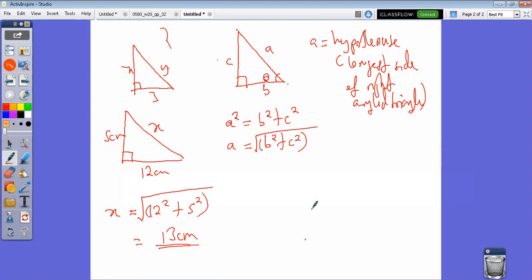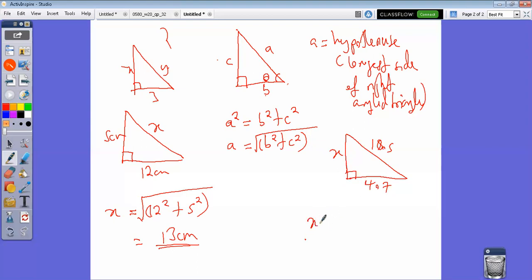Now, if I'm finding any other side that is not the longest side, the same formula, the same concepts. So let's say this is 18.5 for an example, and let's say this is 4.7 here, and let's say this is x. Clear? So now, because this is not the longest side, I don't add.